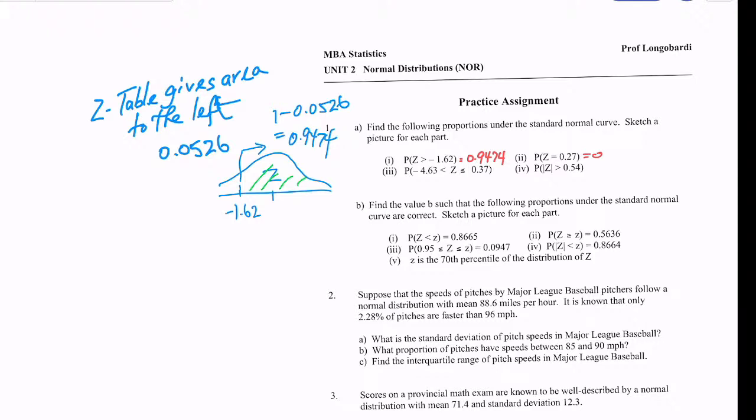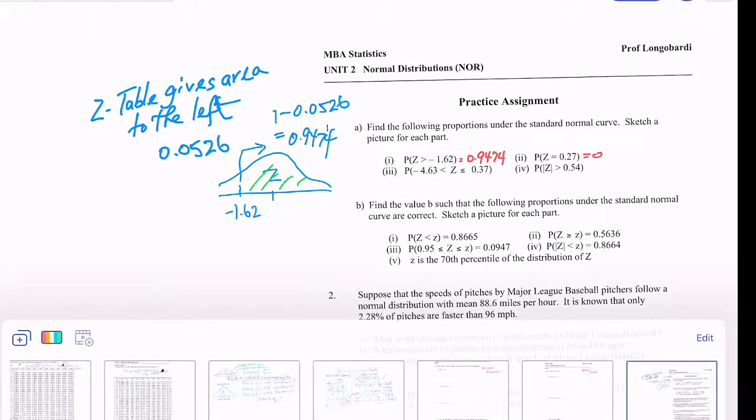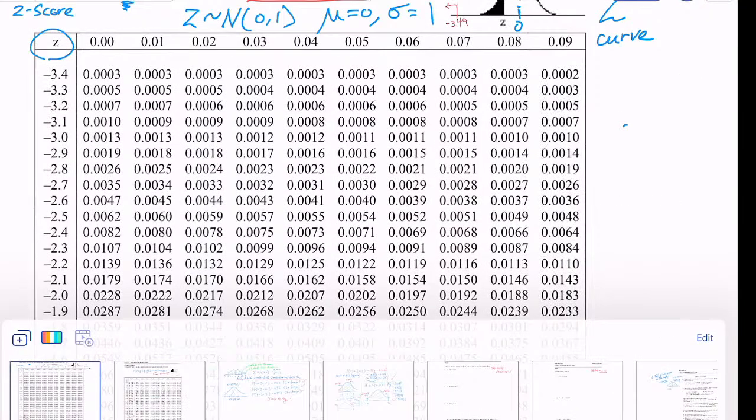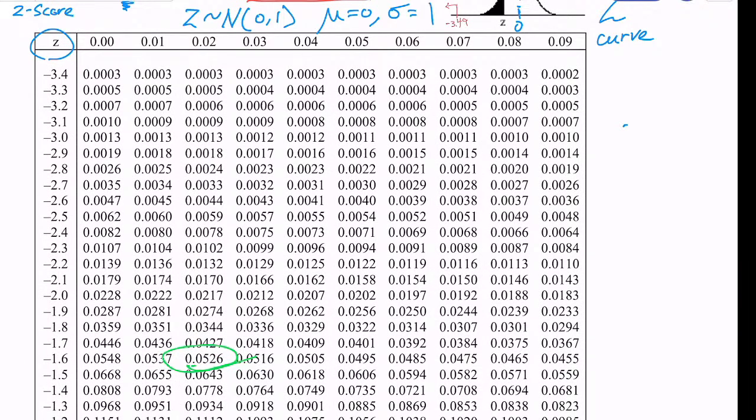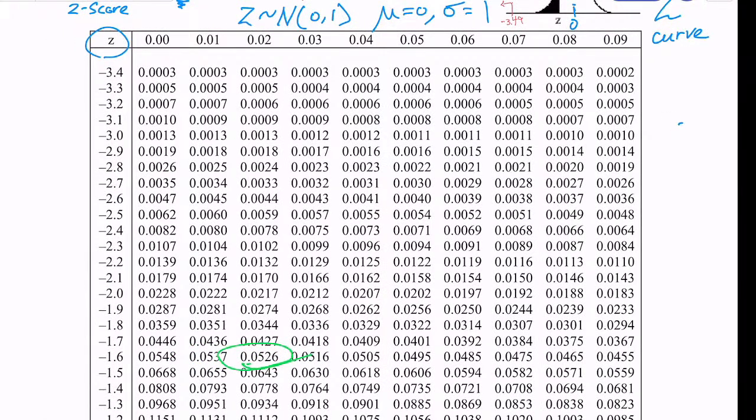So I'll repeat. You get the table and the negative table, and you look for negative 1.62, and that gives you here. So the answer is 0.0526, but that's the area on the left as demonstrated here. So the answer 0.0526 is the area to the left.